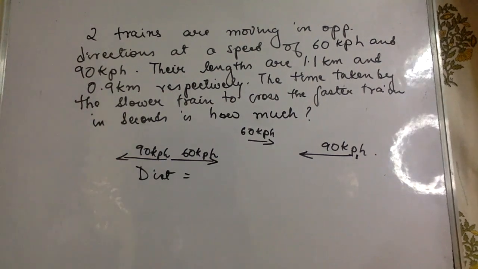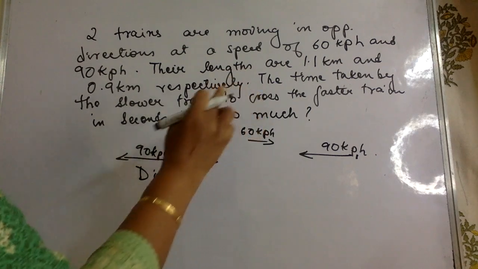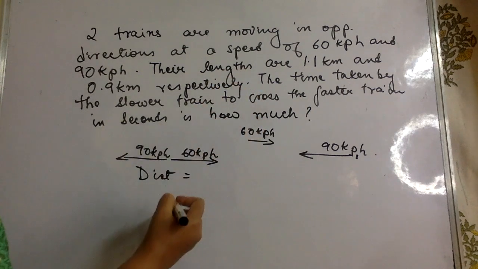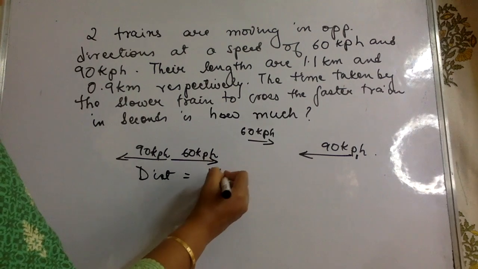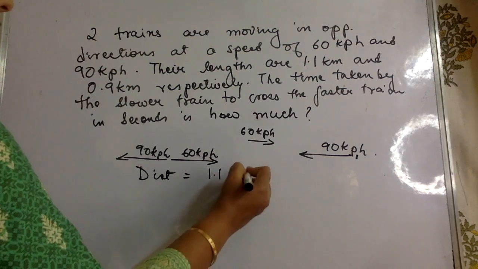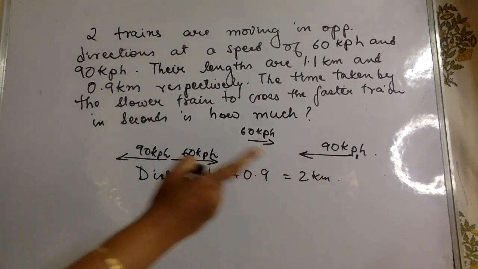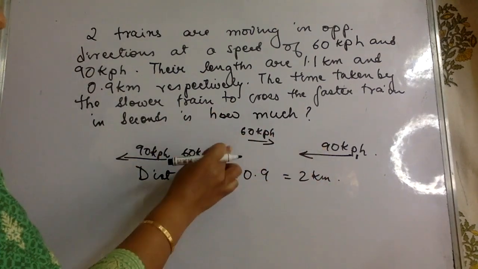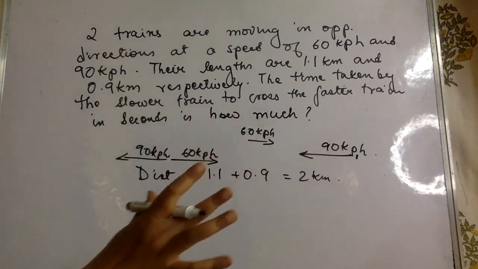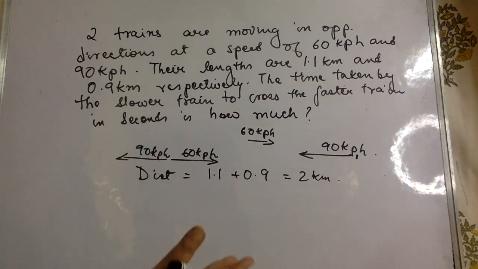The distance will be the length of the two trains. One of them is 1.1 and the other is 0.9, so 1.1 kilometers plus 0.9 gives me 2 kilometers. That is the total distance, whether this crosses this or this crosses that, it will have to be covered.